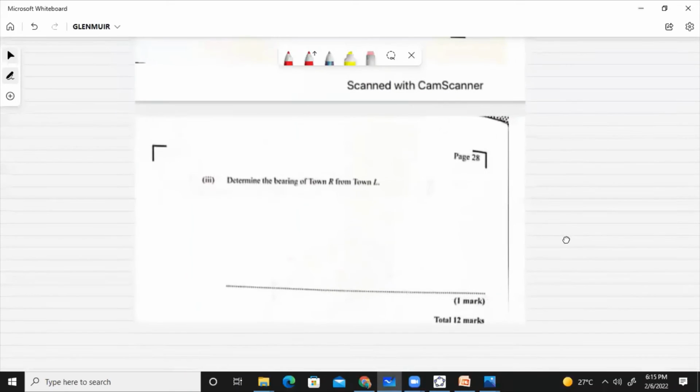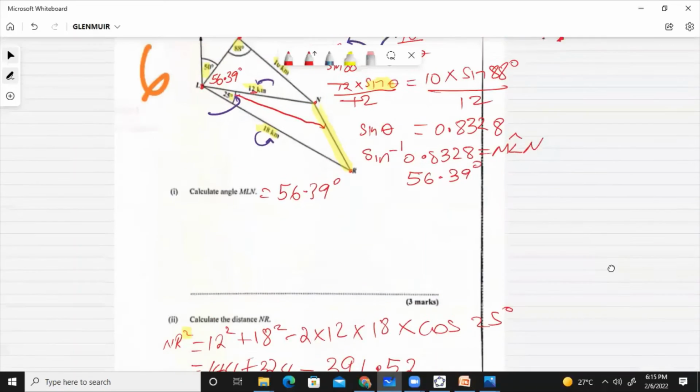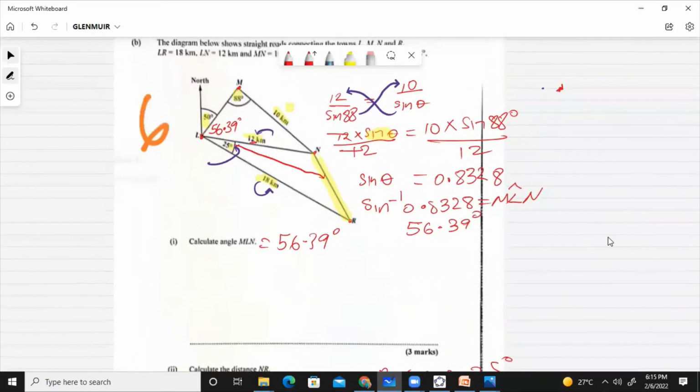It says, determine the bearing of R from L. Let me read over. Determine the bearing of R from L. So R from L. Let's go up and look at the question. Don't be afraid to go back and look a million times. Let me clear off all of this just so that we're seeing what they want.